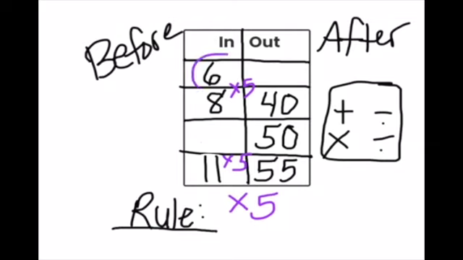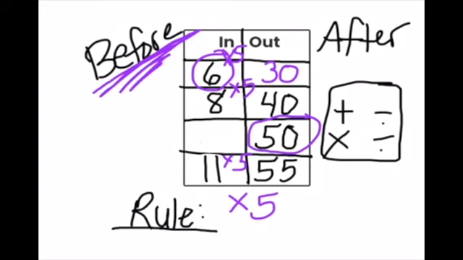So for 6 times 5, what is 6 times 5? You should have filled in 30. And then we had 50 right here in the output. So that means in the input, that is going to be before we multiply by 5. But in order to do that, what would be like going backwards for when I multiply?